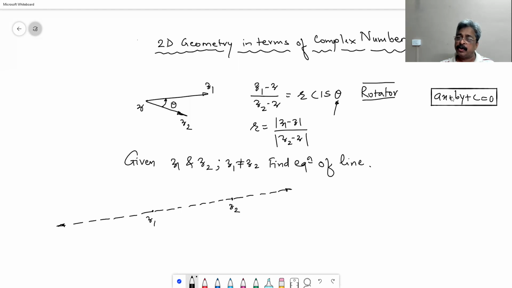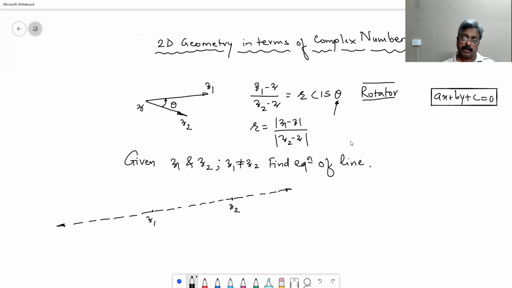Today we wish to have the complex number equation of a straight line. We will of course construct a bridge between this and whatever equation of line we produce. If this is given, you should be able to get this, and if this is given, you should be able to get this.